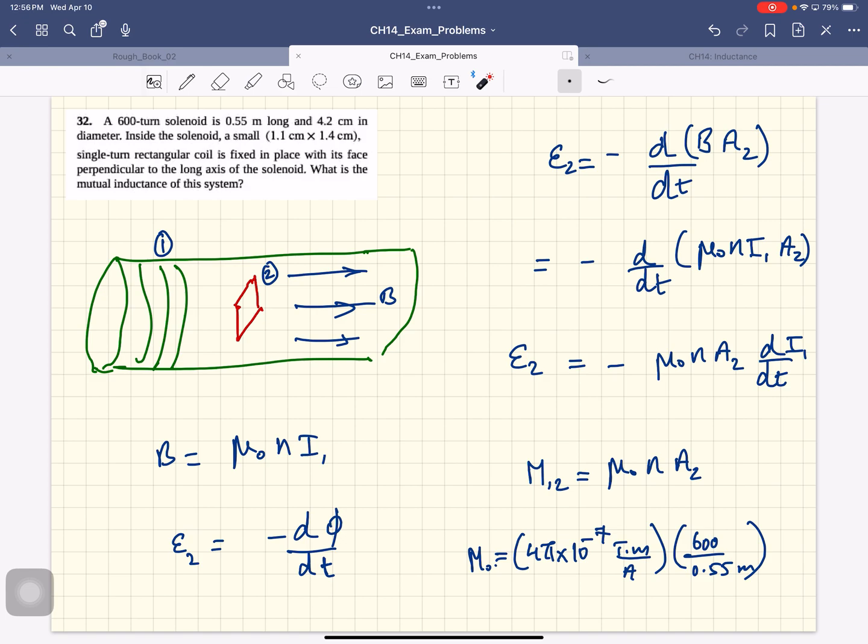And area A2 is 1.1 times 1.4 centimeters squared. We have to convert that to meters squared, 10 to the minus 4. All right, now let's go ahead and calculate everything. So this is 10 to the minus 11, and then we'll borrow 2 from there. That's 10 to the minus 9. So let me copy this.